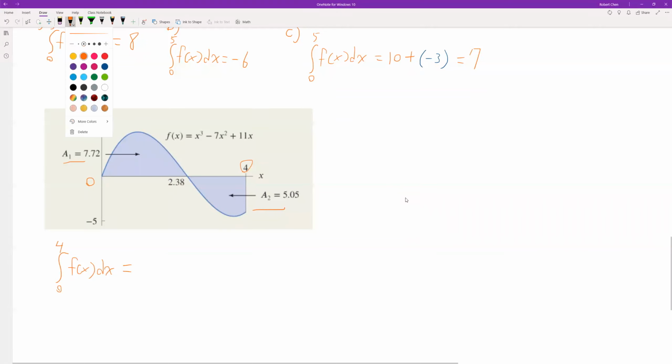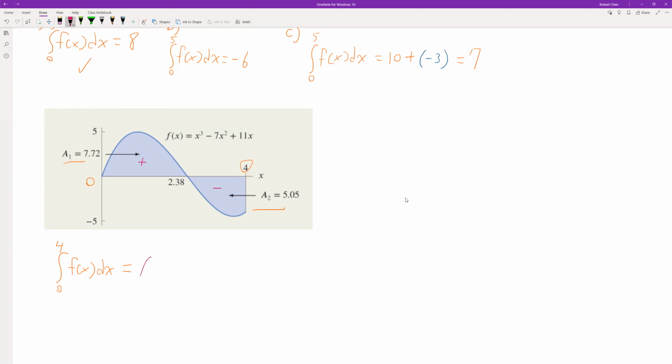Now we also need to take into account that since A1 is above the x-axis, it's going to have positive area. A2 is actually below the axis, so it's going to have a negative area. So in this case, we're going to do A1 plus A2, which is 7.72 plus negative 5.05, which comes out to be 2.67.